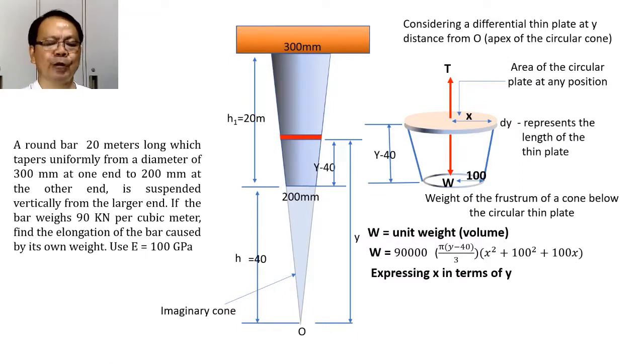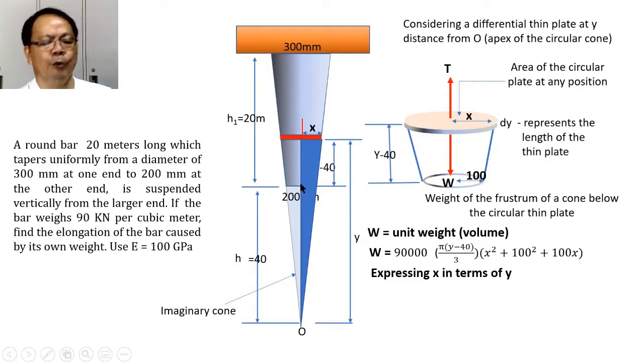Now, if we're going to express x in terms of y, using the relationship, kunin natin itong triangle na ito, di ba? Nasaan ba itong x natin? Ang x natin tinutukoy ay itong distance na ito. The radius of the cone at this point is equal to 100.